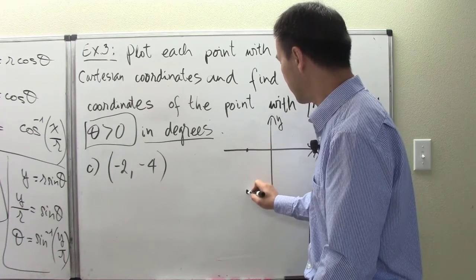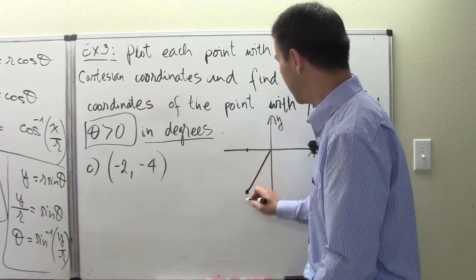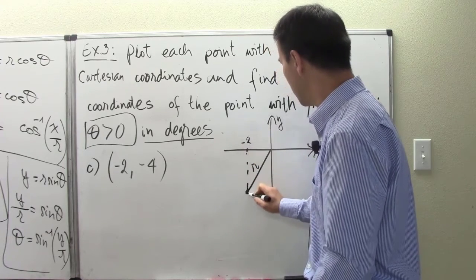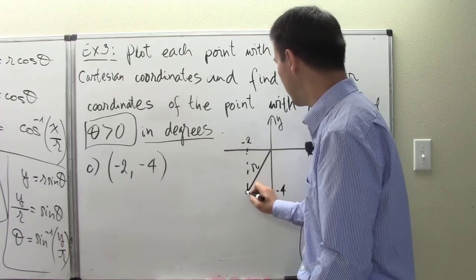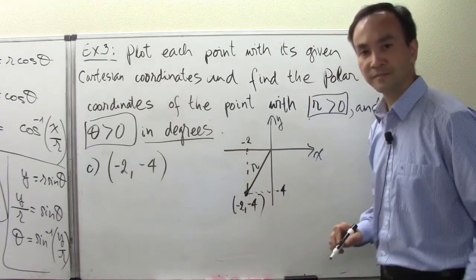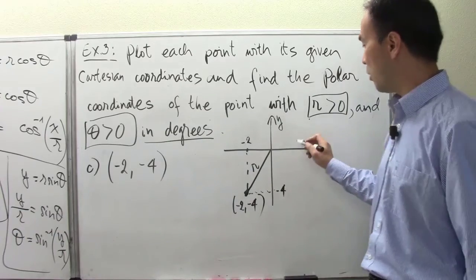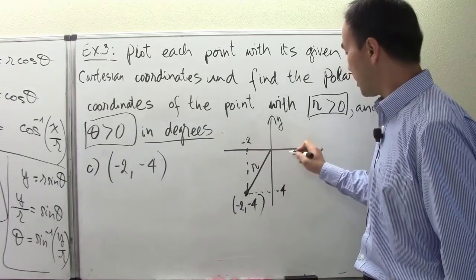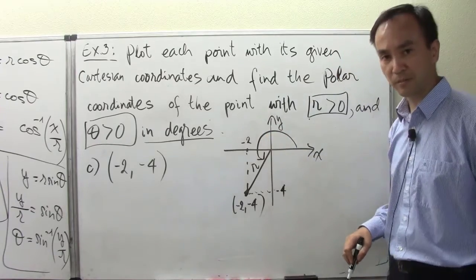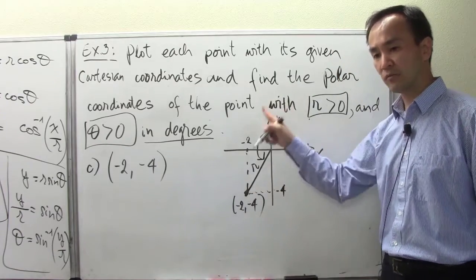All right, so there's our point right there. It makes some radius. And the angle, we want the angle to be positive, meaning we have to make that positive counterclockwise rotation.